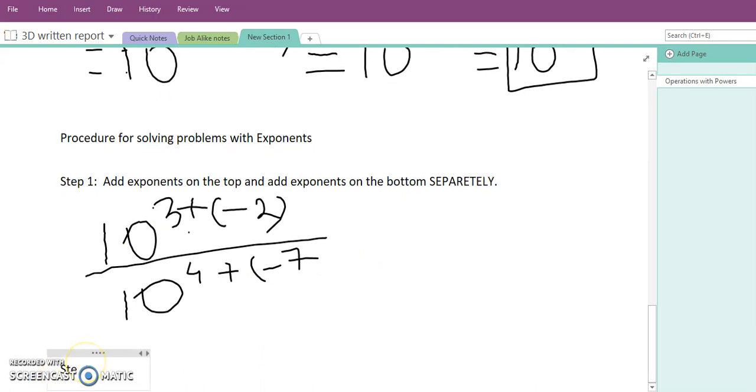Step 2. Step 2 sounds extremely obvious, but a lot of people forget to do that, and then they end up with the wrong answer. Write down the answer of step 1.